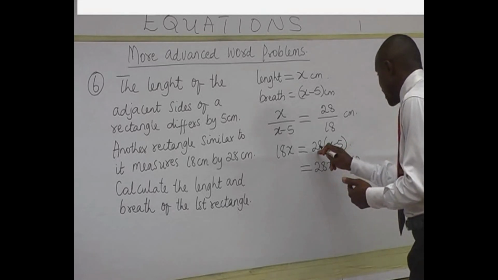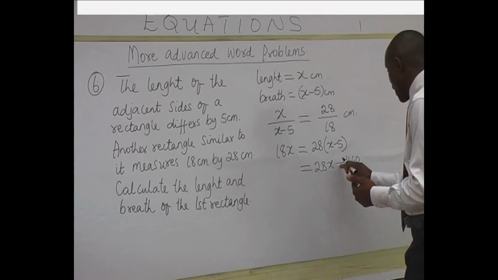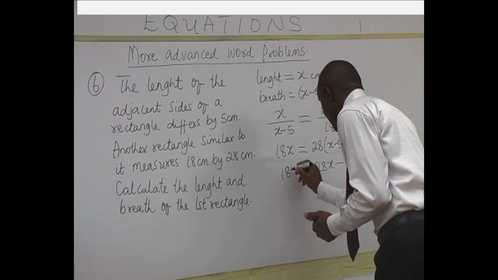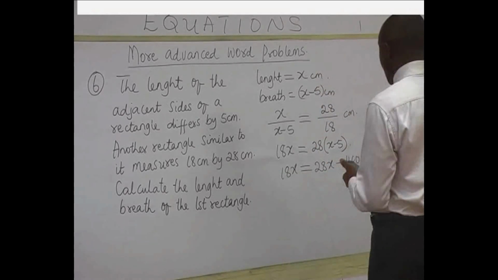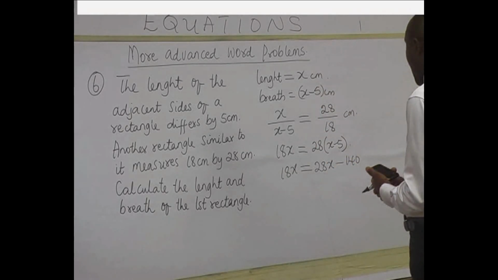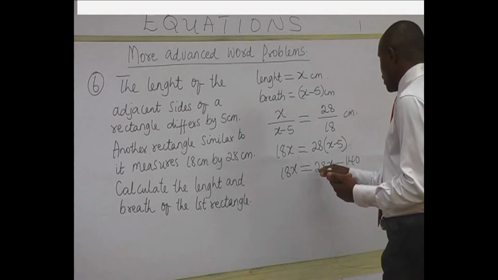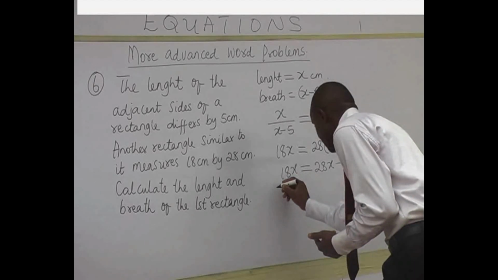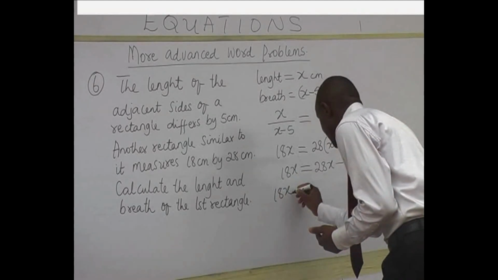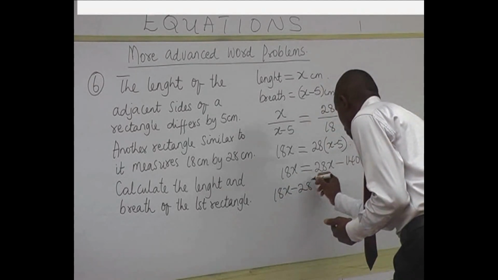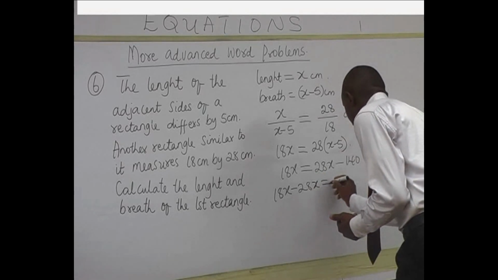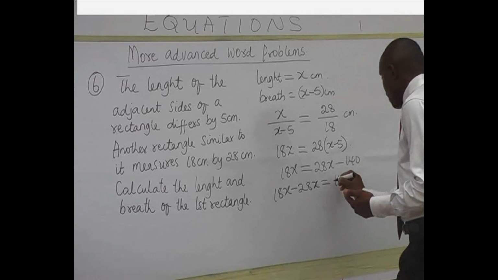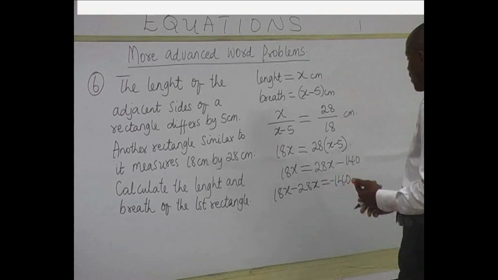Remember, it is 28 times minus 5, so the answer will be minus 140. On the left-hand side we have 18x. Now move 28x from the right-hand side to the left-hand side. You are going to have on the left-hand side 18x minus 28x. It will now be equal to minus 140, which is on the right-hand side of the equation.